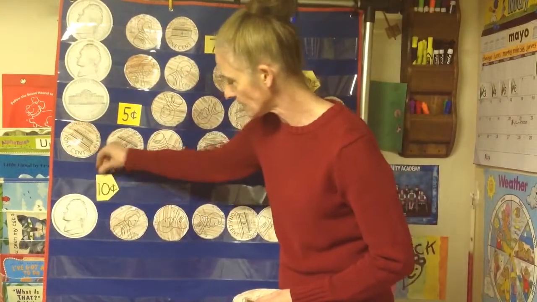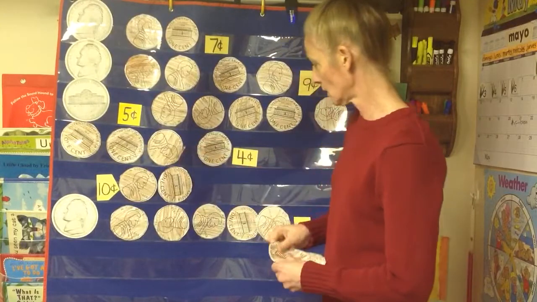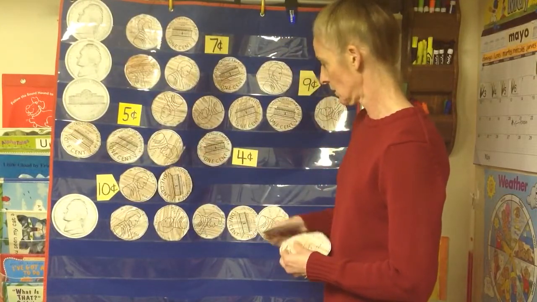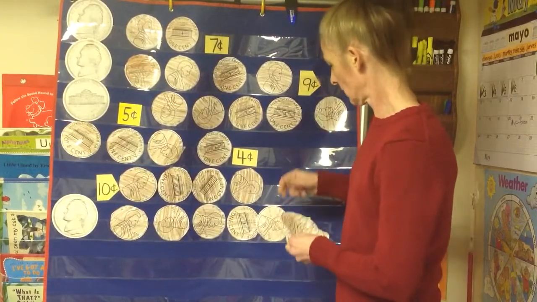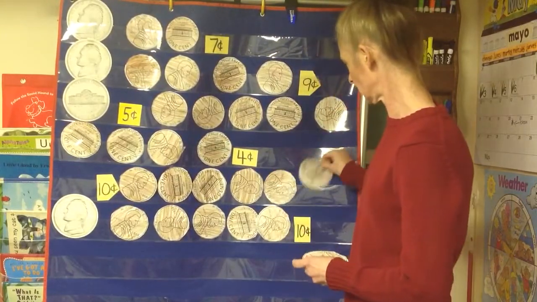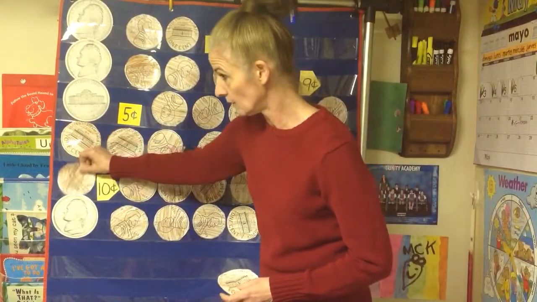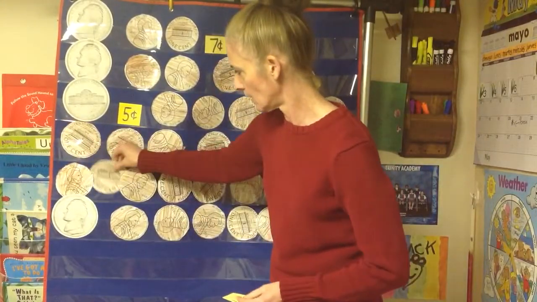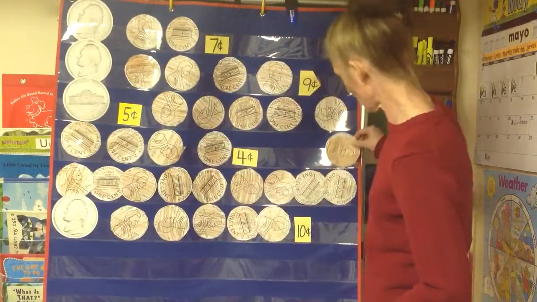So we're going to make 10 cents using 10 pennies. Ready? 1 cent, 2 cent, 3 cent, 4 cent, 5 cent, 6 cent, 7 cent, 8 cent, 9 cent. Oh, I'm a penny short. 10 cent. I have no more room.